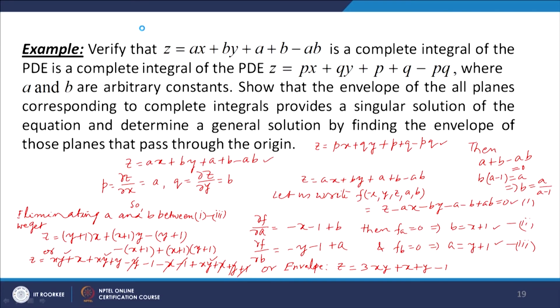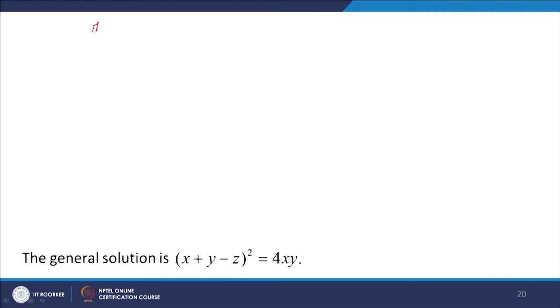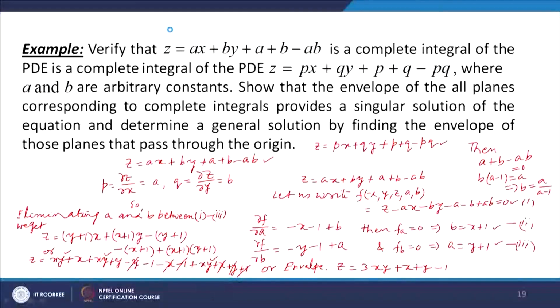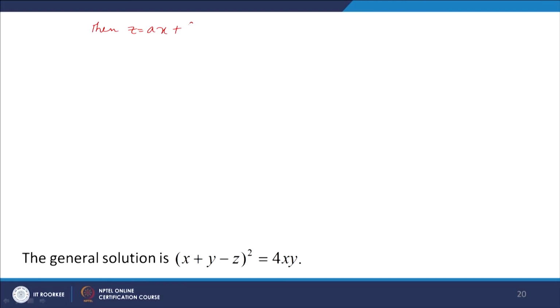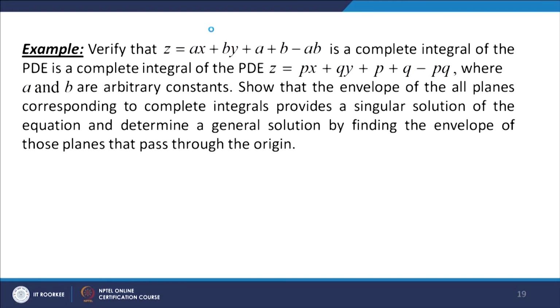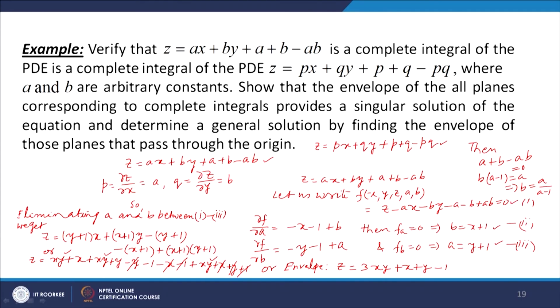So, in order to get the general solution, let us consider the equation z equal to ax plus by plus a plus b minus ab, where a plus b minus ab is 0, which gave us the value of b equal to a over a minus 1.